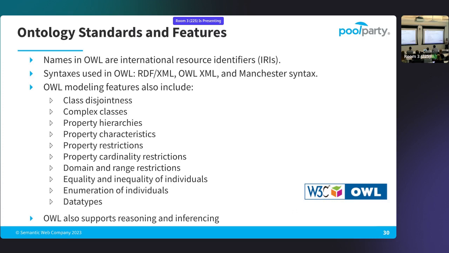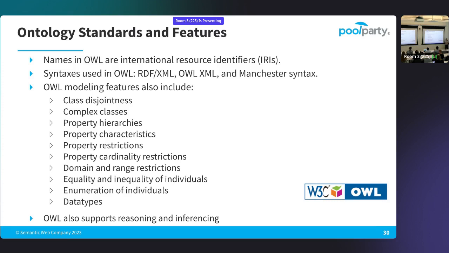You can also have sub-relations and sub-attributes, and property restrictions, where certain properties can belong to only certain classes, and cardinality restrictions about whether it's used only once or with multiple classes. And domain and range restrictions.